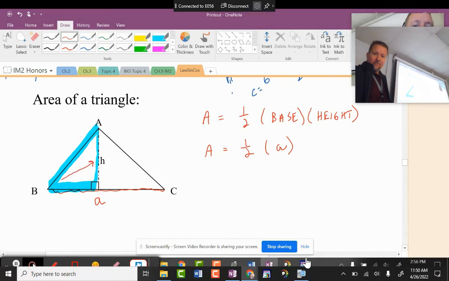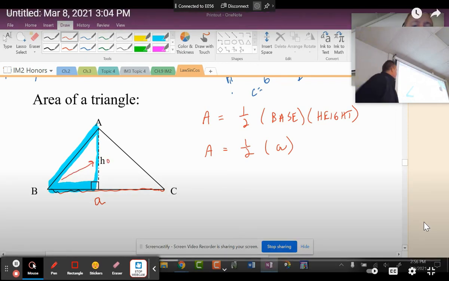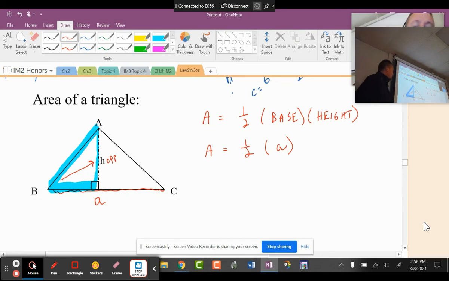Now when you focus just on the blue right triangle, H is the opposite side of angle B. Now this is side C all the way across angle C. But for the blue triangle, that's the hypotenuse. That's the trick. This may help you with understanding what was done earlier today to derive the law of sines.